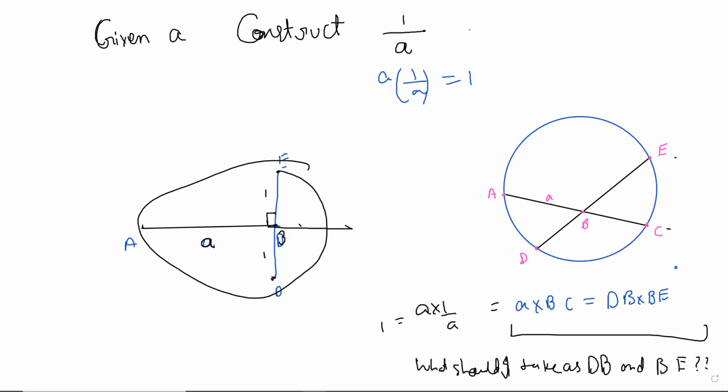All right, so I think this is fine. Any questions with this? There are more interesting ways to construct this. This is a very important construction in what is known as inversive geometry.